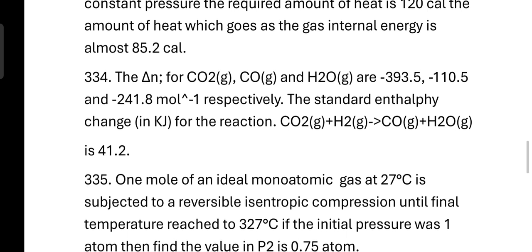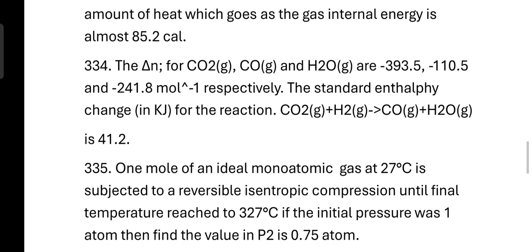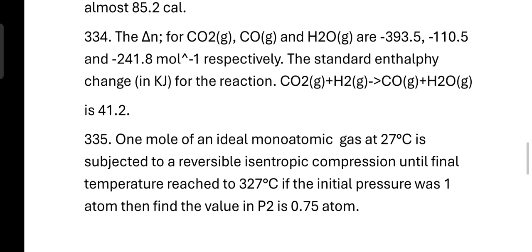The amount of heat which goes as the gas internal energy is almost 85.2 cal.